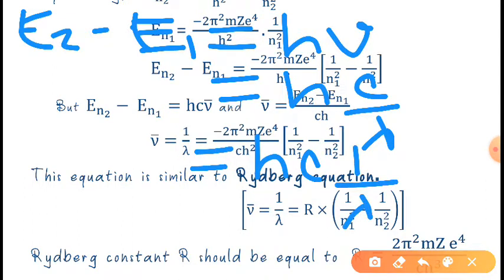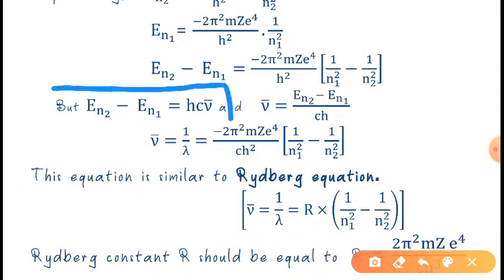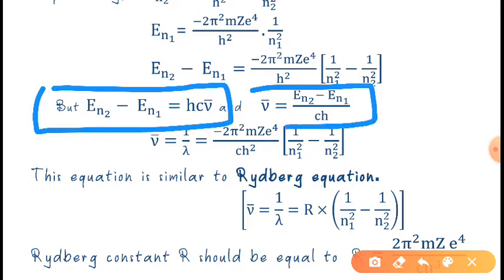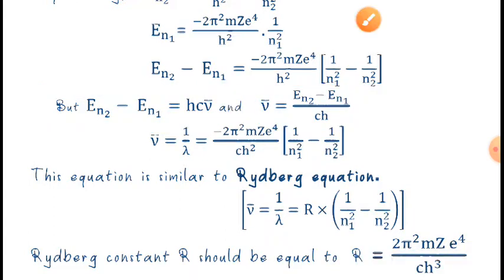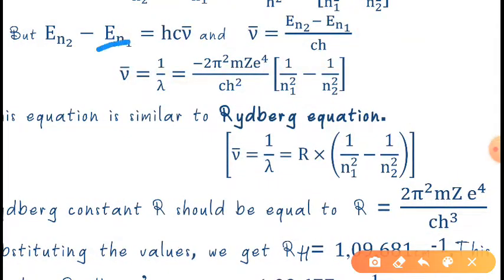Since 1 by lambda is the wave number, we can write h c nu bar. So nu bar is equal to E n2 minus E n1 divided by c h. Now when we substitute this value, we get this equation.